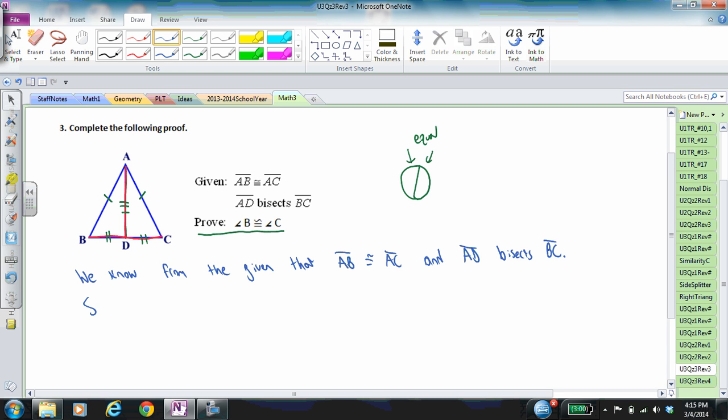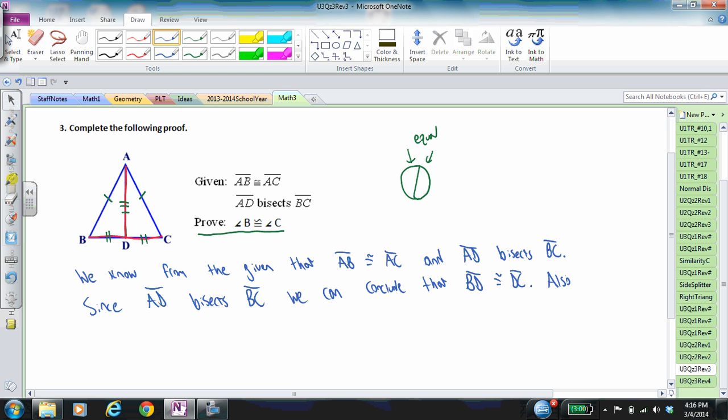So I said since AD bisects BC, we can conclude that BD is congruent to DC. And those are the segments that I double marked in green up there in the diagram.